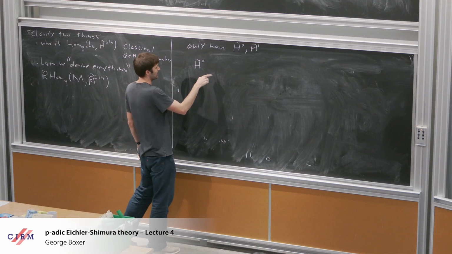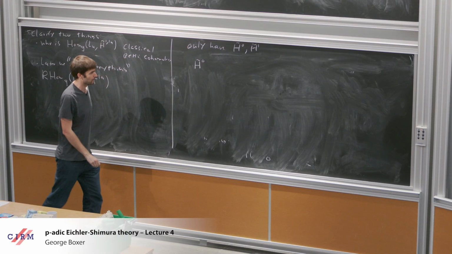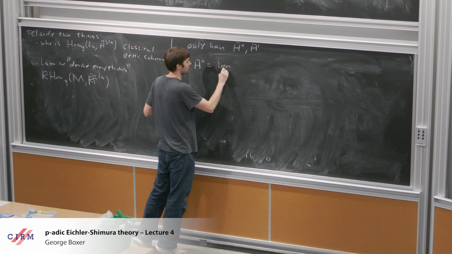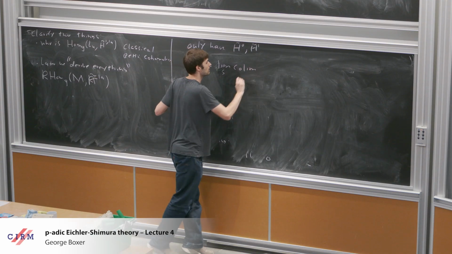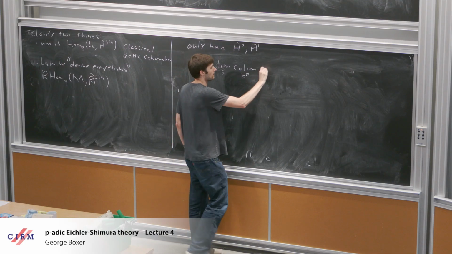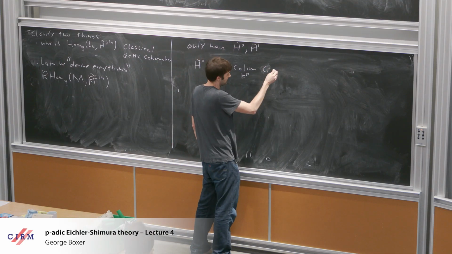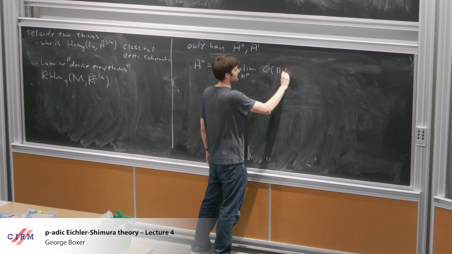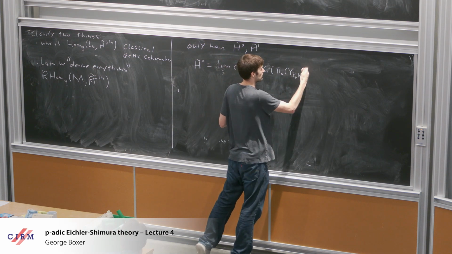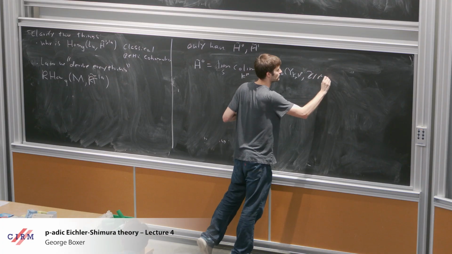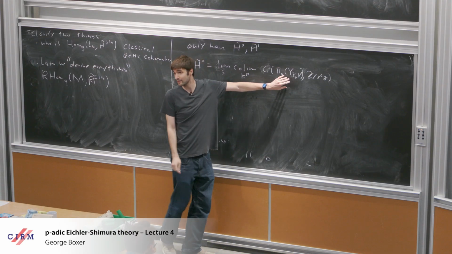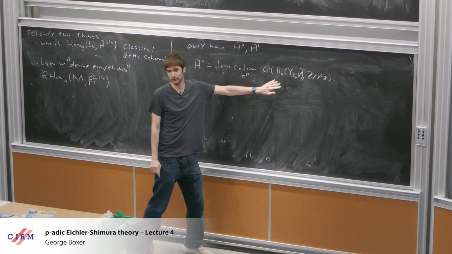So what is the H0? Basically, let me just write from the definition: functions from pi naught of the modular curve at this finite level Kp with values in Z mod p to the s. And so what is this set, or actually group, of components?